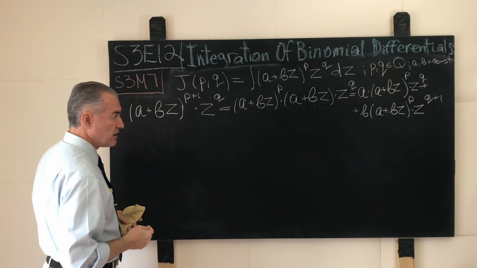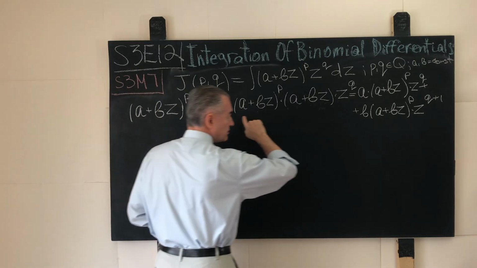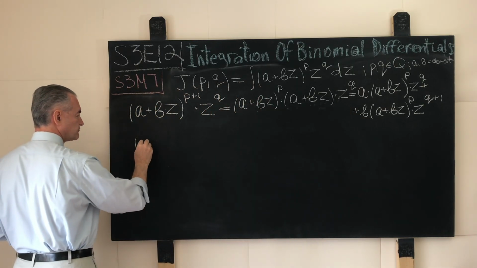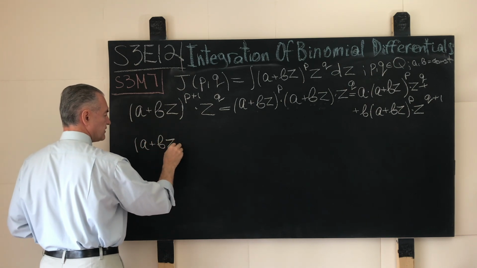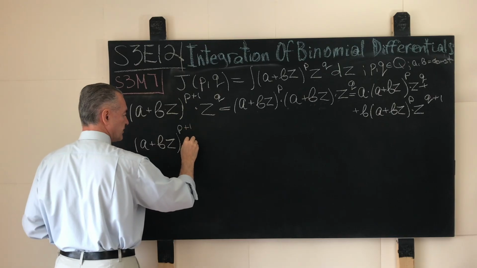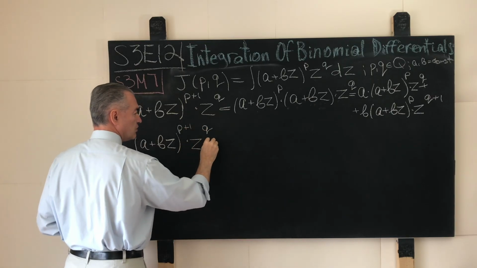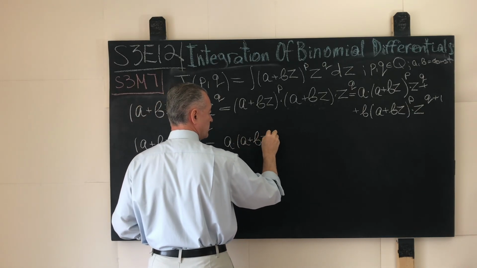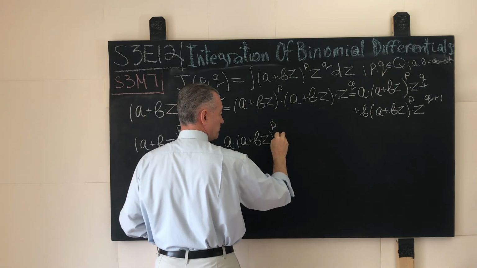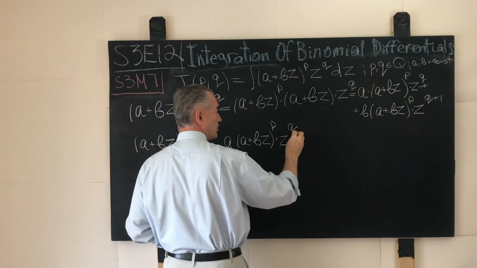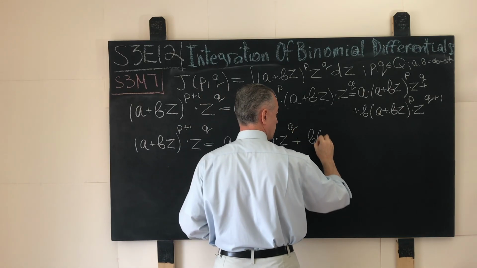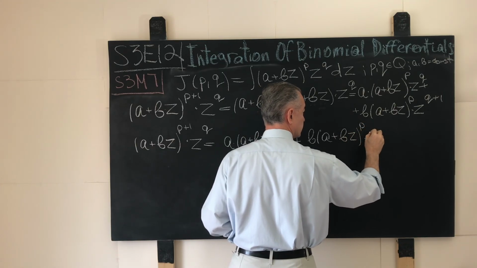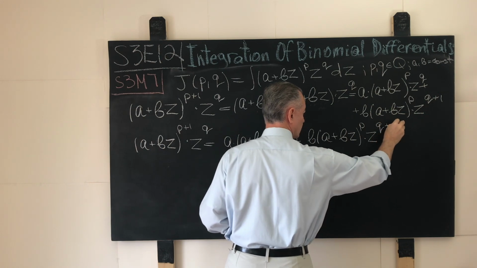So now we omit the intermediate manipulations, and we write (a plus b z) raised to the power of p plus 1 times z raised to the power of q is equal to a times (a plus b z) raised to the power of p times z raised to the power of q, plus b times (a plus b z) raised to the power of p times z raised to the power of q plus 1.